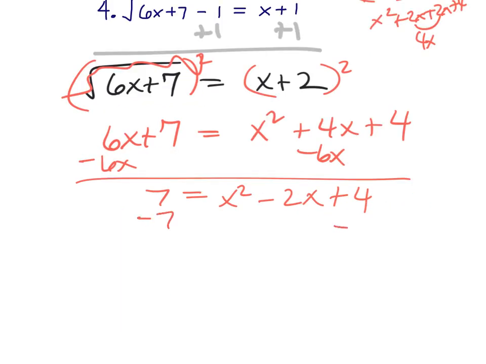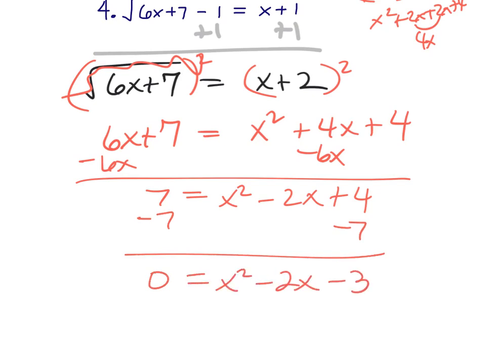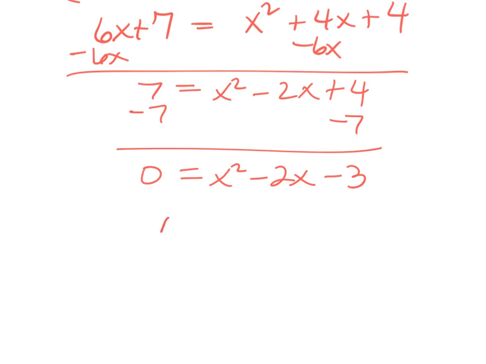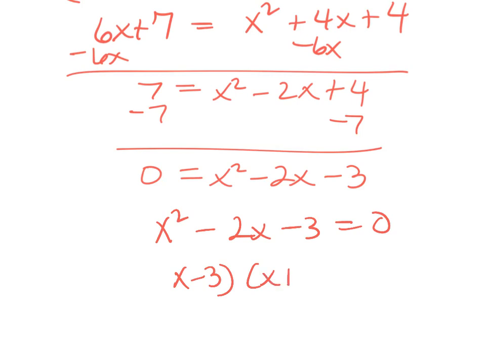Move the 7. 0 equals x squared minus 2x minus 3. I'll flip it around. Set it equal to 0. So factors of negative 3 that give me negative 2. X minus 3, x plus 1.